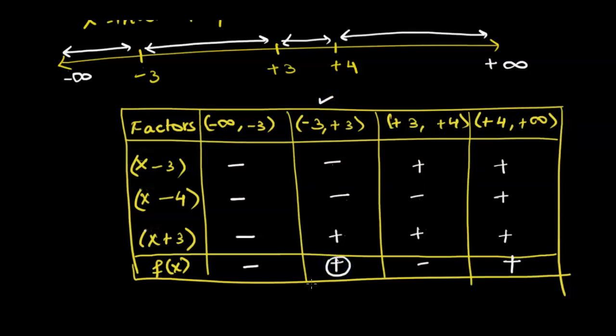We get a positive solution for the function from the second interval as well as from the fourth interval. The ones with a negative result, we rule out. So the solution is that x belongs to the interval negative 3 to positive 3 and x belongs to the interval 4 to positive infinity.